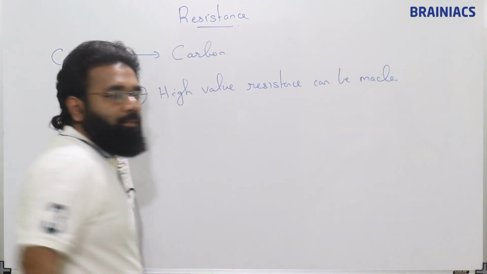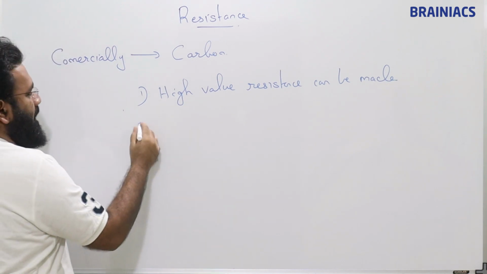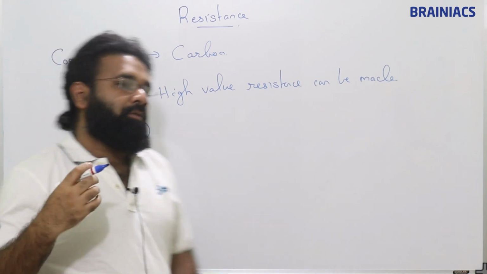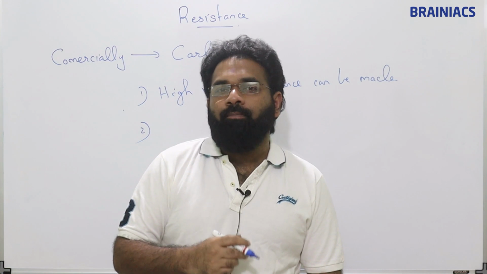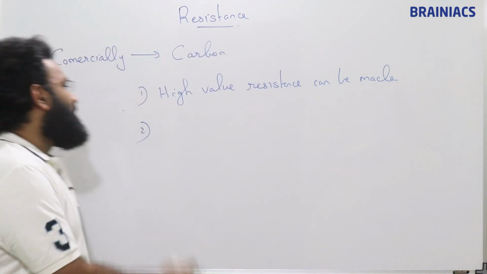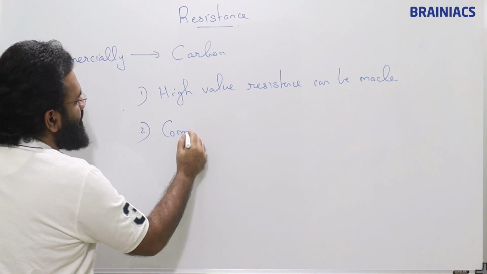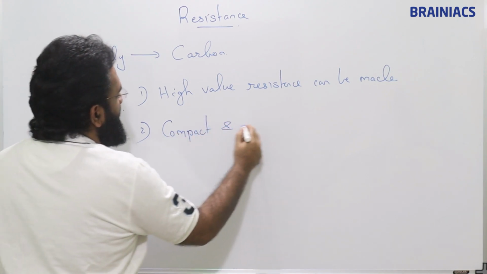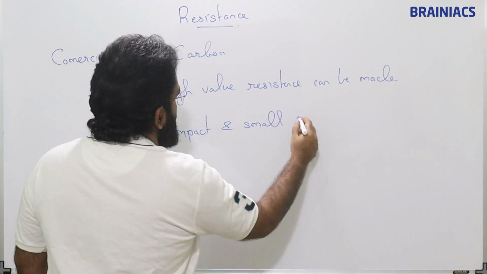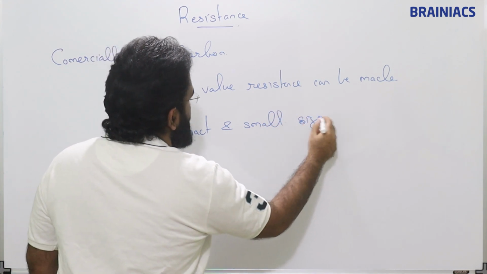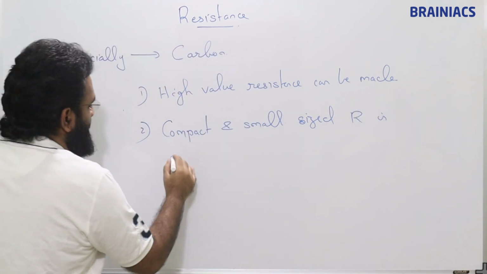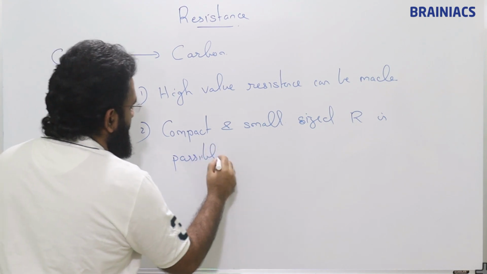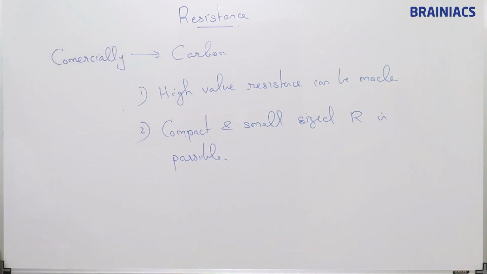Another advantage is that if the value of resistance is too much, its size should actually increase, but here we can have compact, small sized resistance. We have these kinds of advantages if we use carbon resistance.